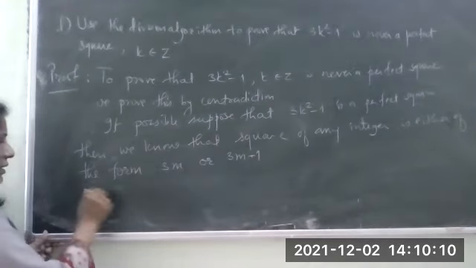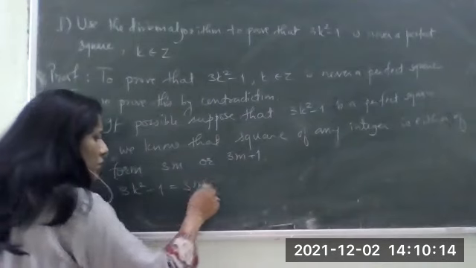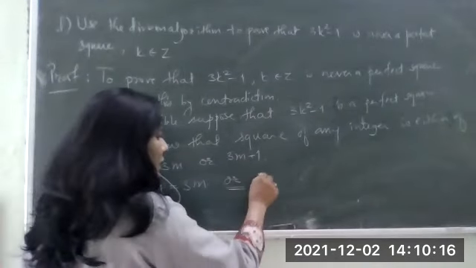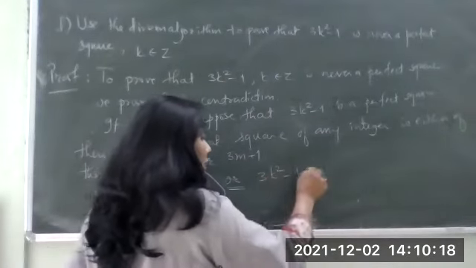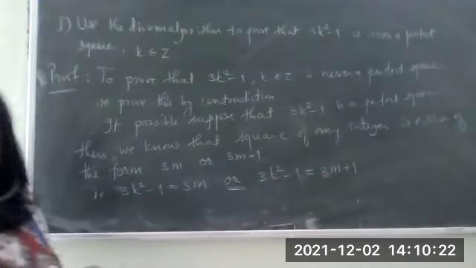That is, 3k² − 1 is equal to 3m, or 3k² − 1 is equal to 3m + 1. This is of this type.